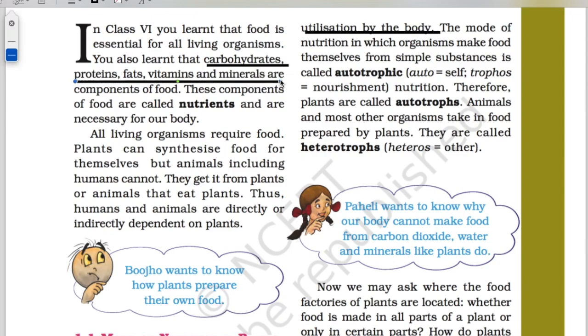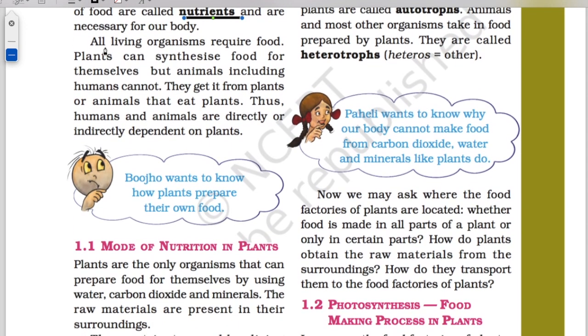These are components of food and known as nutrients also. These nutrients are very necessary for our body. Do you know why nutrients are necessary for our body?